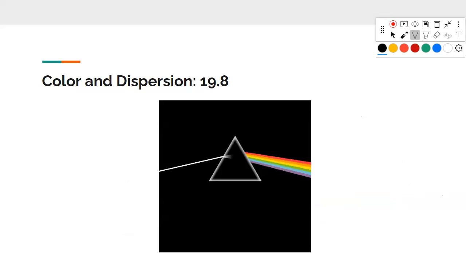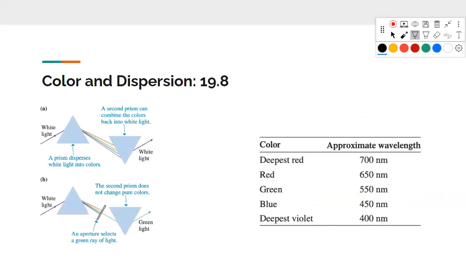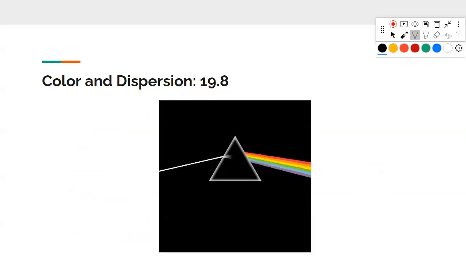Okay. So then lastly, in chapter 19, we should talk about color and this related idea of dispersion. We've all seen this idea, illustrated well in this album cover, that white light can be split into colors using a prism, right? In the previous section, we were looking at prisms in the context of lasers.